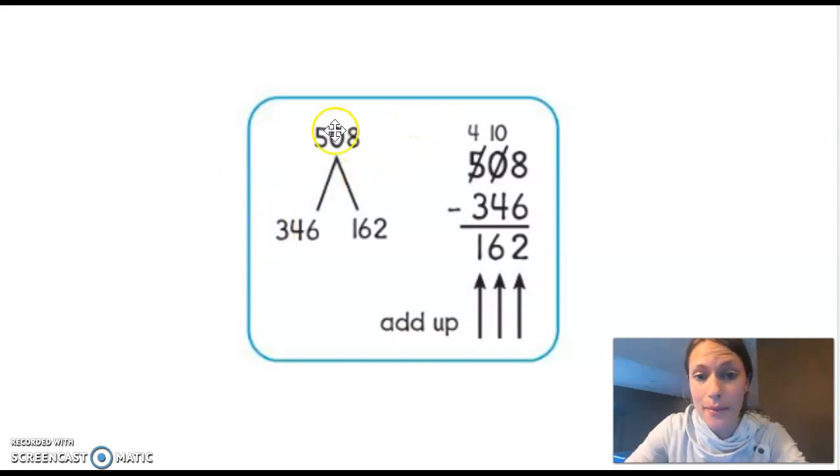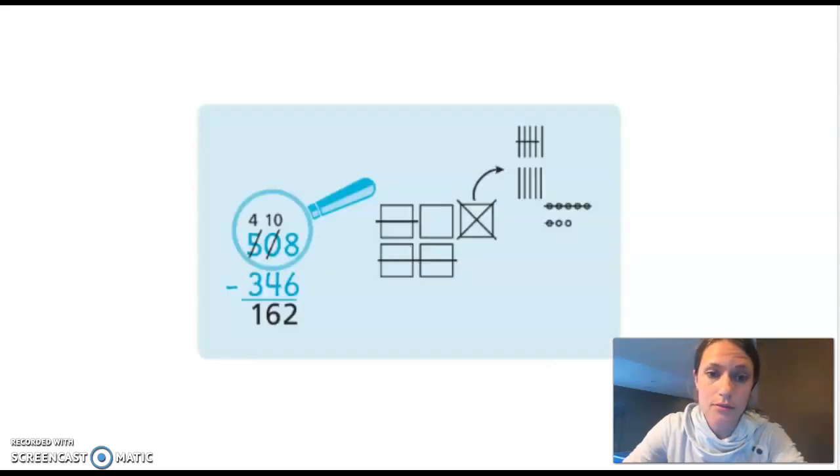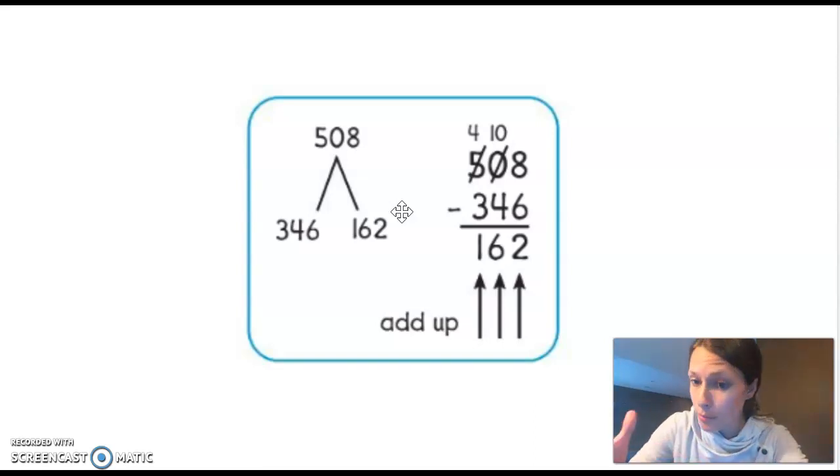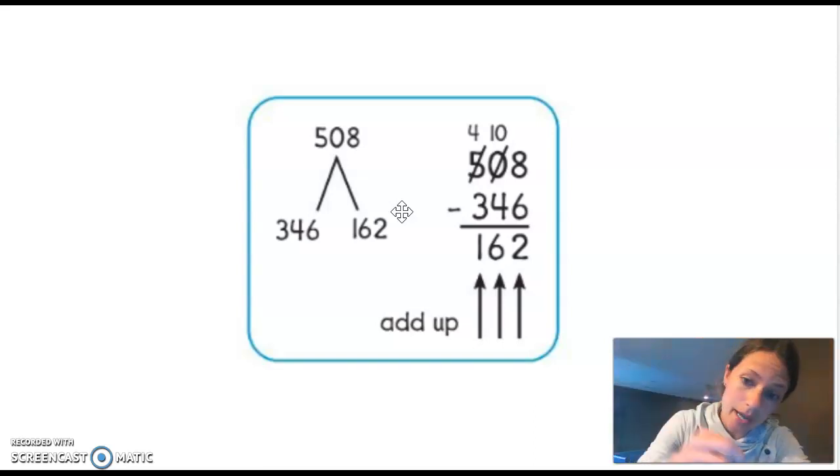Okay, so I have my math mountain. 508 is my total. I knew one of my add-ins was 346, and I just solved to get 162. Now, I need to check my work to see if it's correct. So I looked at my proof drawing and it matched what I did with the ungroup first method.